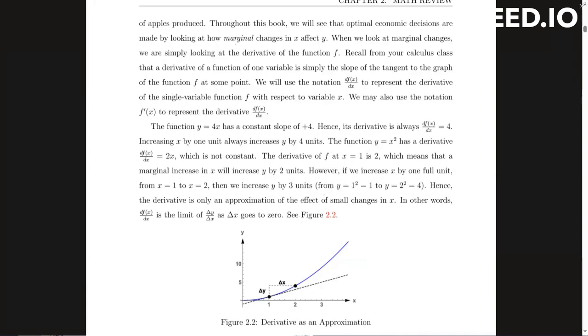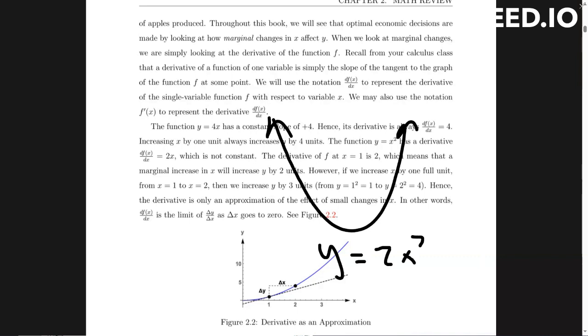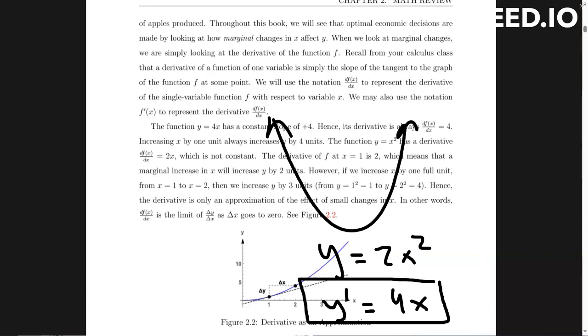All we need is a basic parabola. It doesn't really have to be y equals 2x squared, but why not? Then y prime equals 4x, which of course is an equation. So why is the slope going to be an equation? We don't write it that way, but m, the slope, could equal 4x.